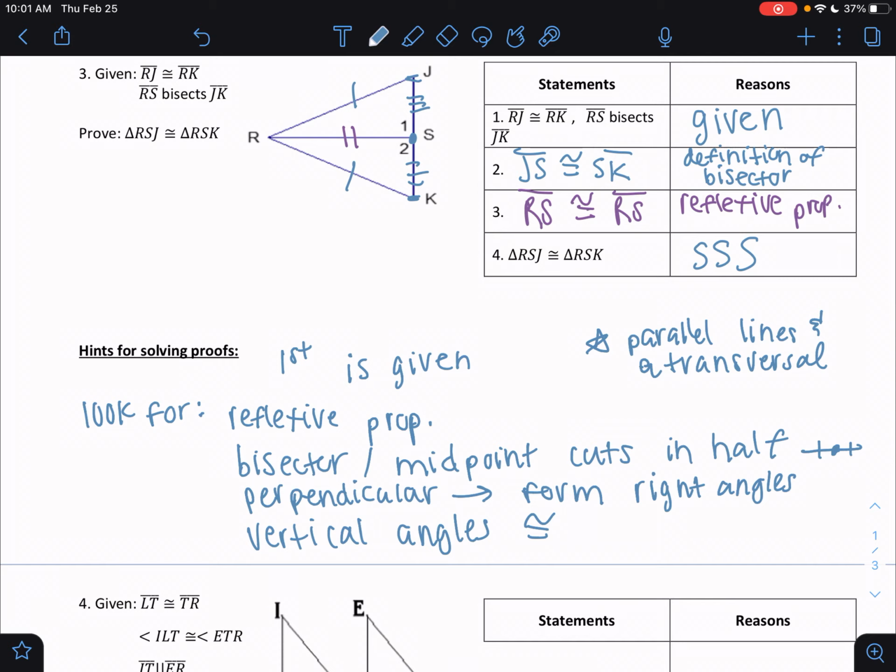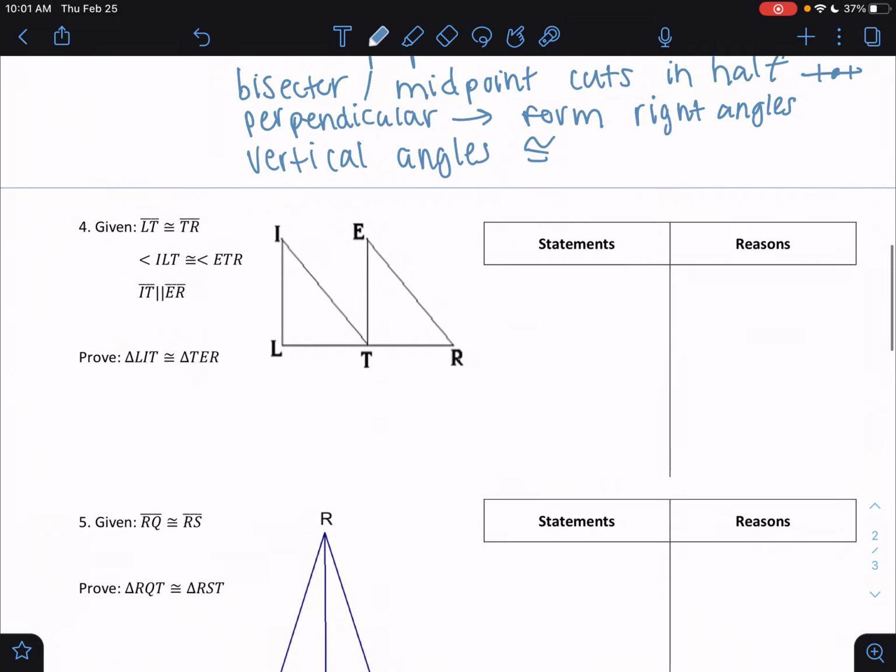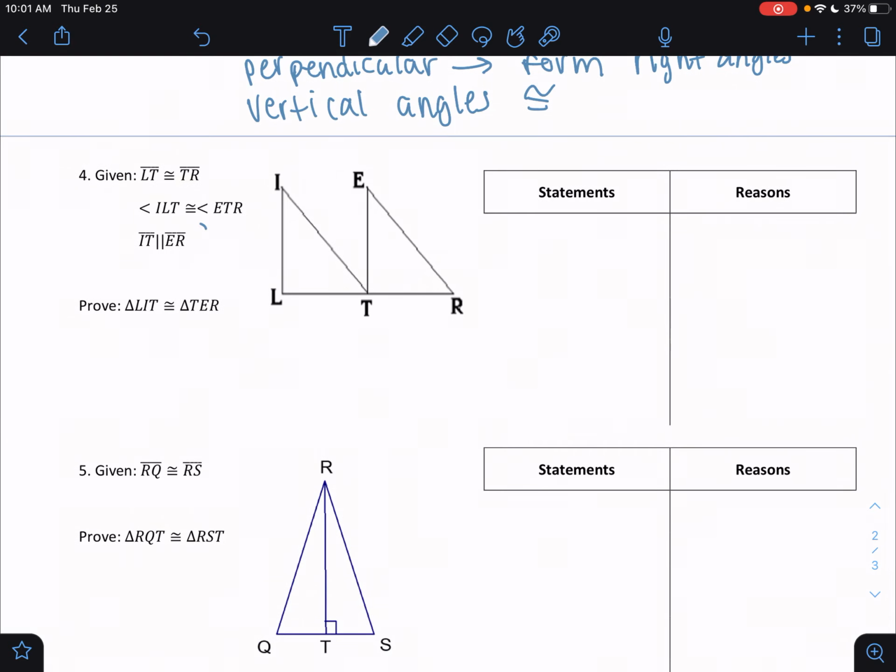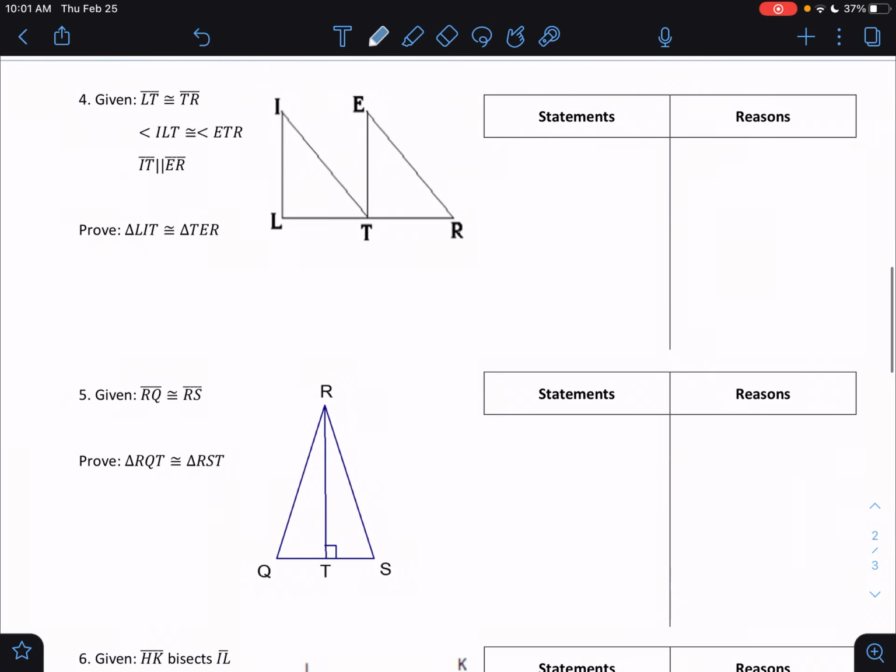You'll have to remember those. I'm not going to list them all out here, but if you ever see parallel lines, try to see which other line could be the transversal to those parallel lines, and then what other kinds of angles can I mark. So those are a few things to look for. That's going to be important when we get on to number 4 because we have some parallel lines here. But that is all we are going to do for today. And then on Monday, we will finish up these notes.